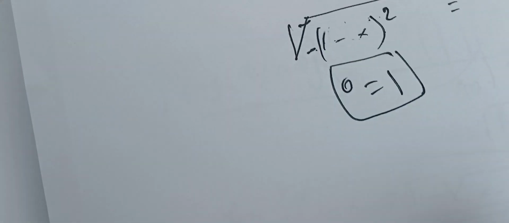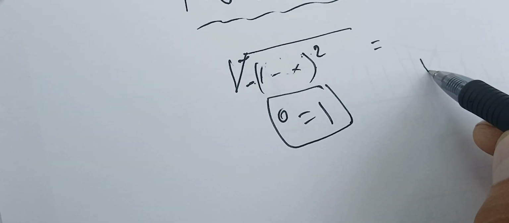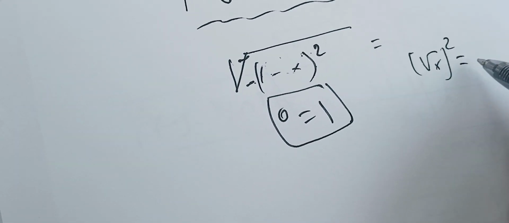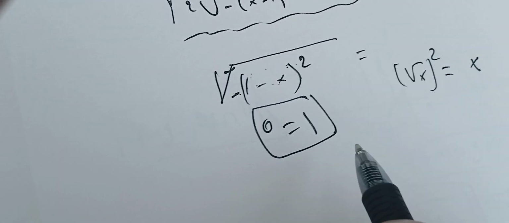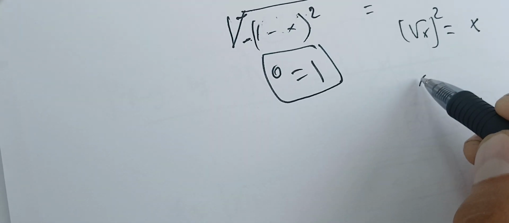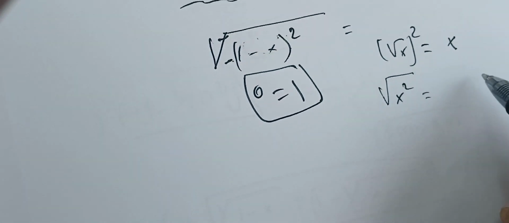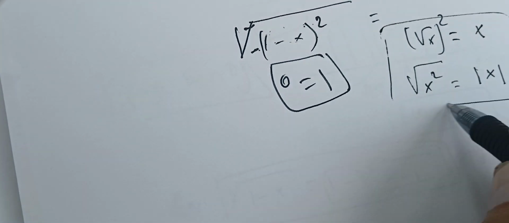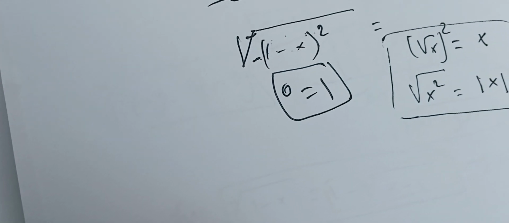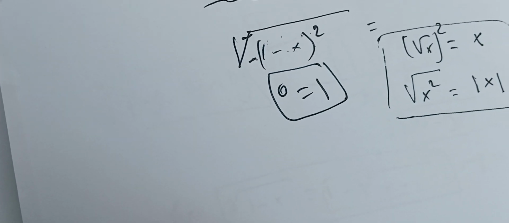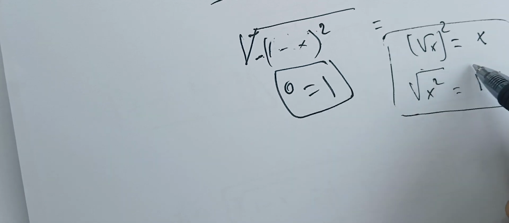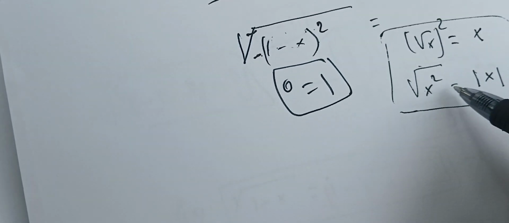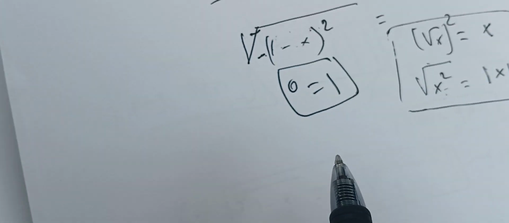It's good to learn. Another thing is that when we have the square root of x and we square it, we get x. When we have x squared and we take the square root, we have to be careful. We have the absolute value. So that's why we need to be careful when doing these two operations.